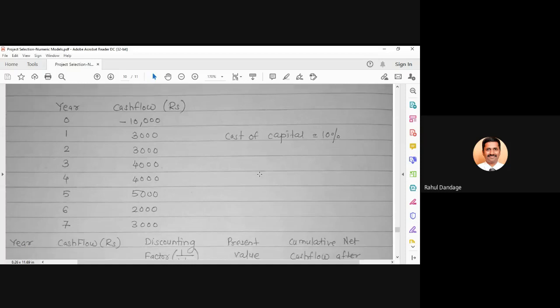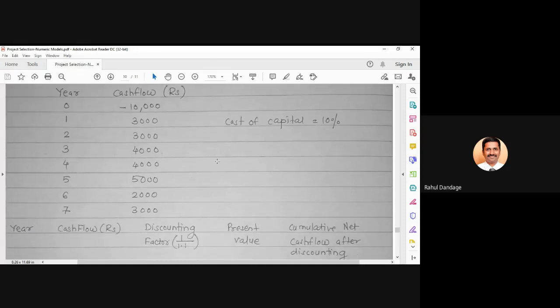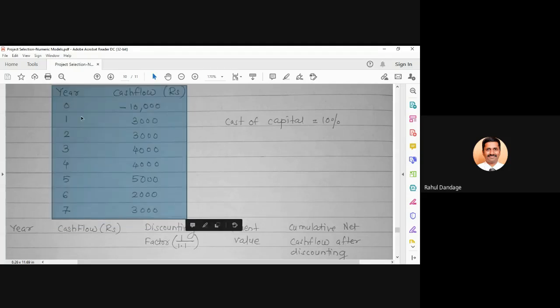So let us say this is, you can note down, this problem for a certain company. This is the available data: years 0 to 7 and cash flow in rupees. At 0, the cash flow is minus 10,000, which is the initial investment, and then 3,000, 3,000, 4,000, 4,000, 5,000, 2,000, 3,000.